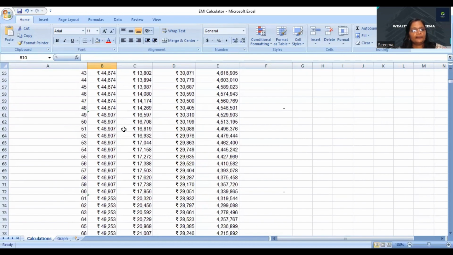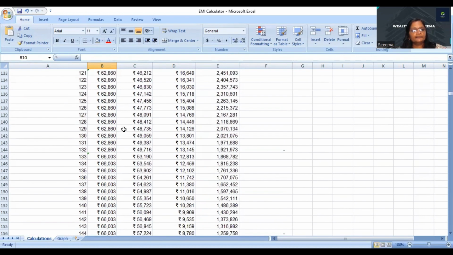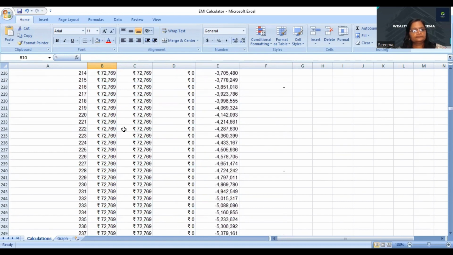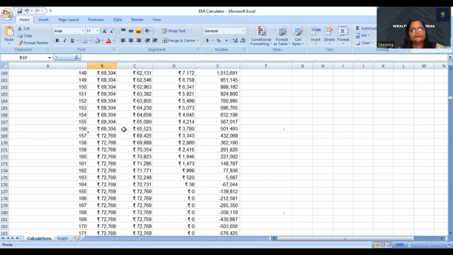And if I go on, you can see that you pay off your total loan amount at the end of 163 months.